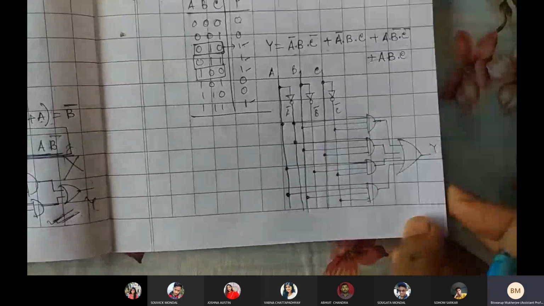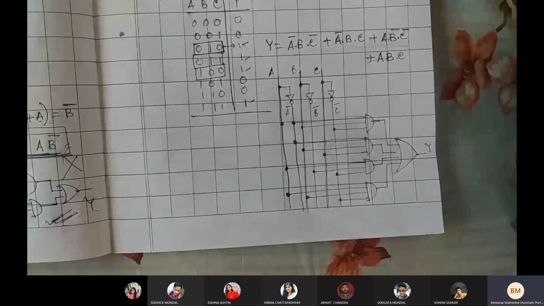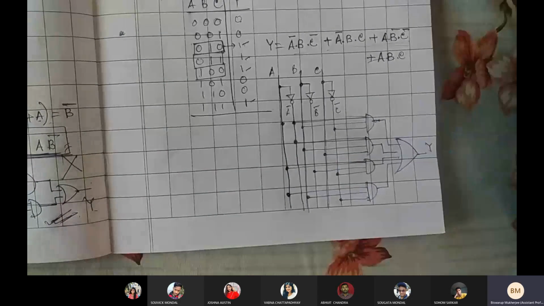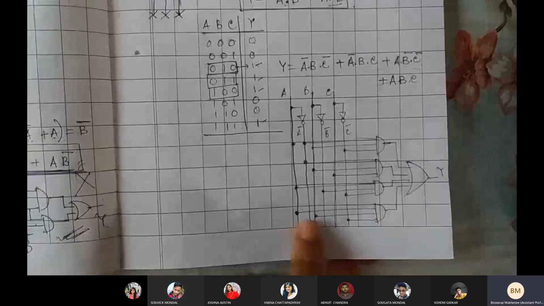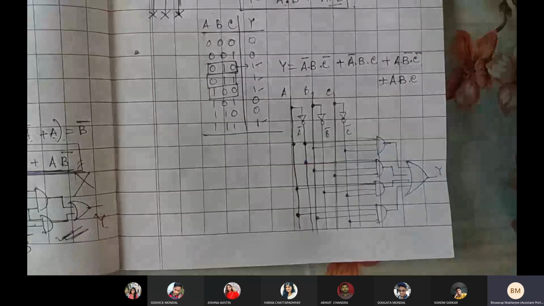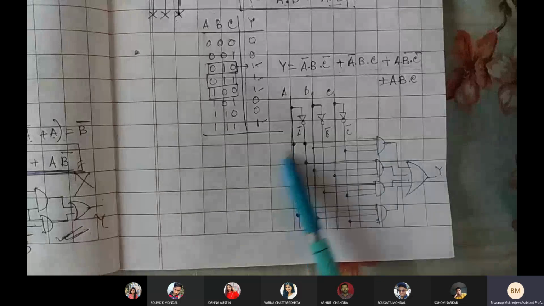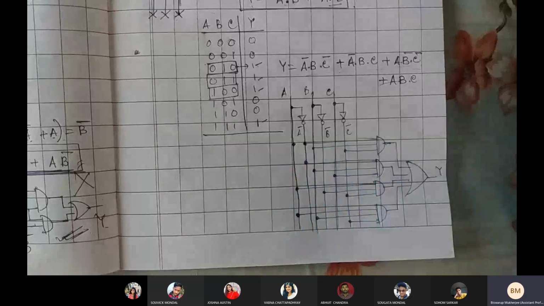Okay, fine. Am I clear how to make the circuit? Yes, sir. Fine. So it's very easy, but make sure that you place the dots, and initially you generate A bar, B bar, C bar.